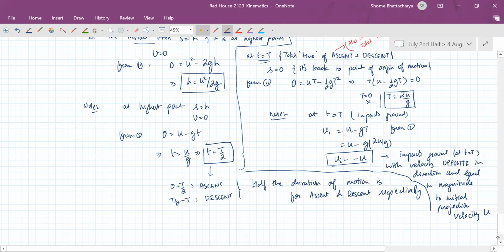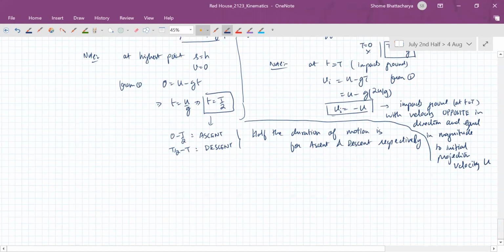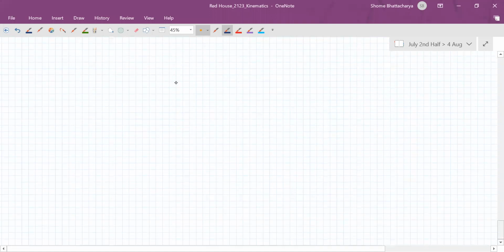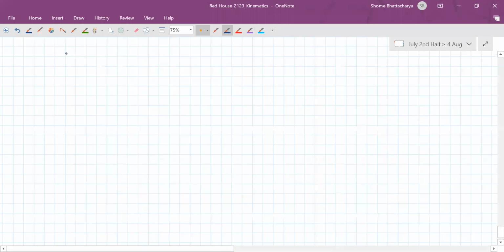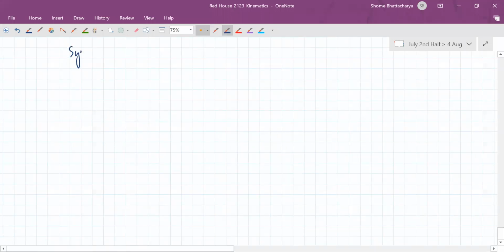Okay, so this whole thing also works out in a type of symmetry, which we'll understand through the graphs. Symmetry in the ascent and the descent part of the motion.